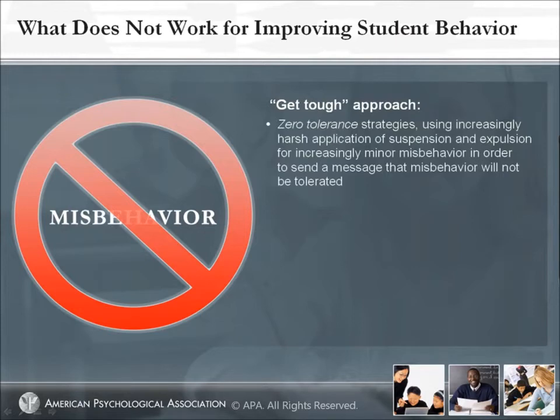The data, however, have shown that such procedures are for the most part ineffective and often lead to over-representation of students of color in school punishments.